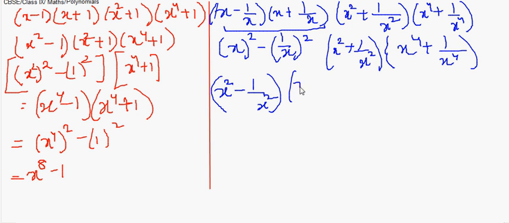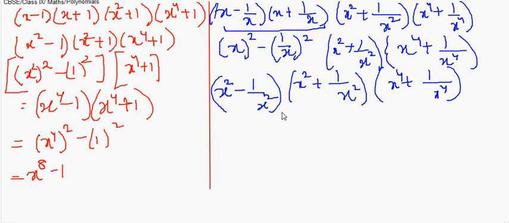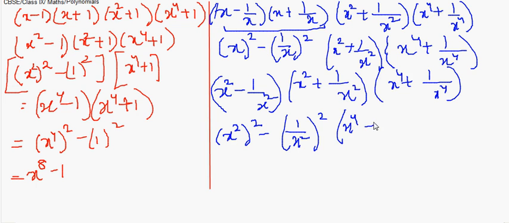The rest of them I write as it is, but if you look at the first two brackets, again we can apply x minus y and x plus y. So it again becomes x square whole square minus 1 by x square whole square. The last term remains as it is.